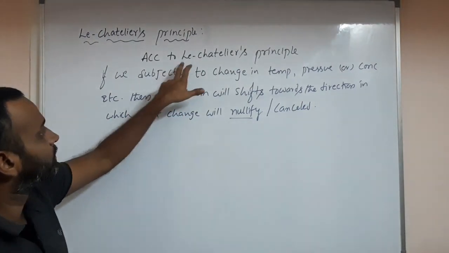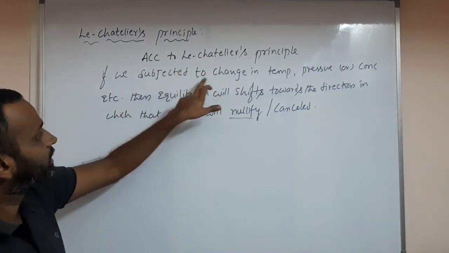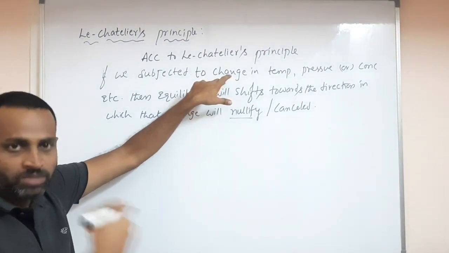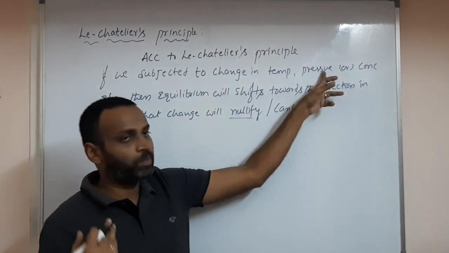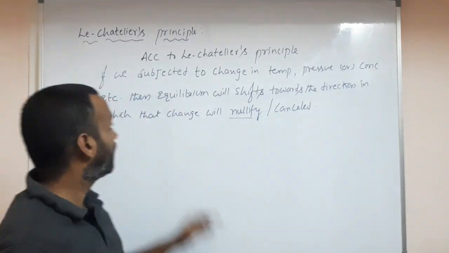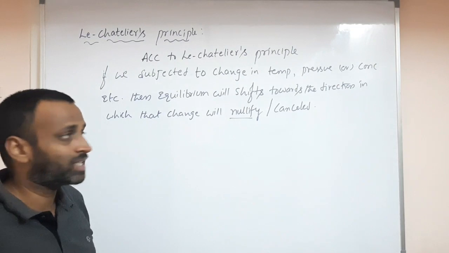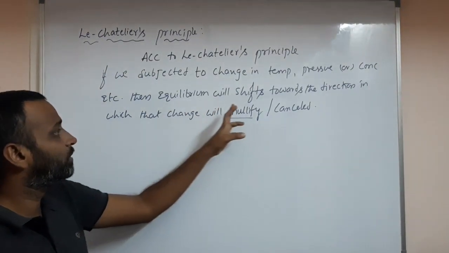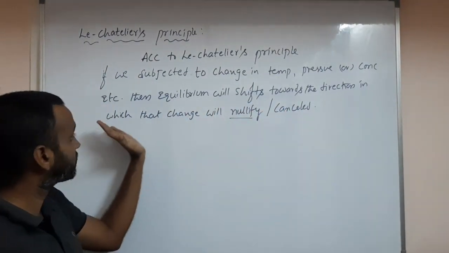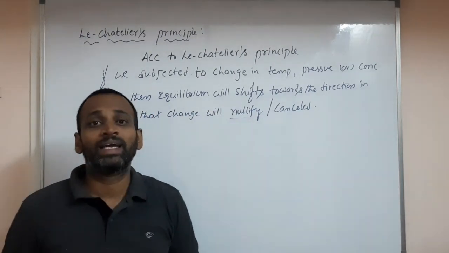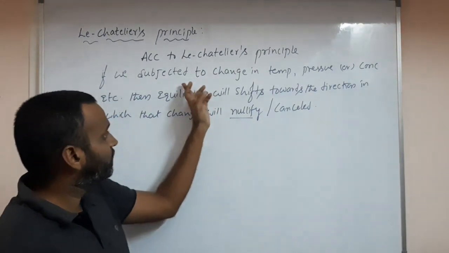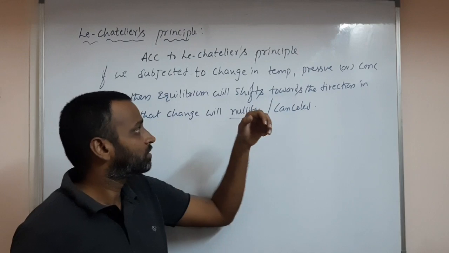According to Le-Chatelier's principle, if we make some changes in temperature, pressure, concentration, etc. at equilibrium, then the equilibrium will shift towards the direction in which that change will be nullified or cancelled.